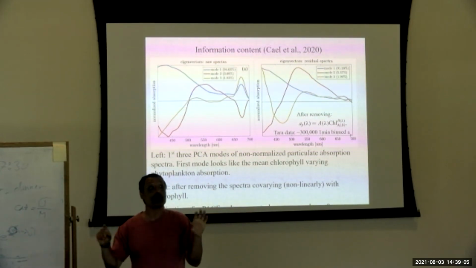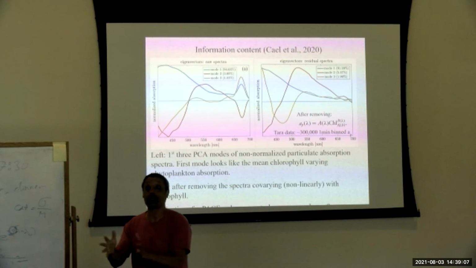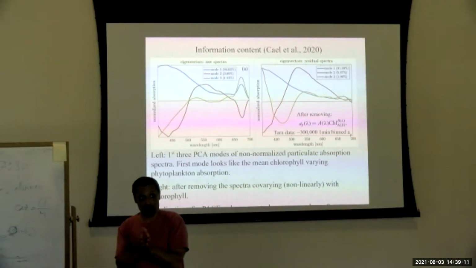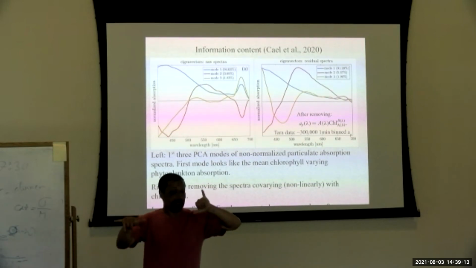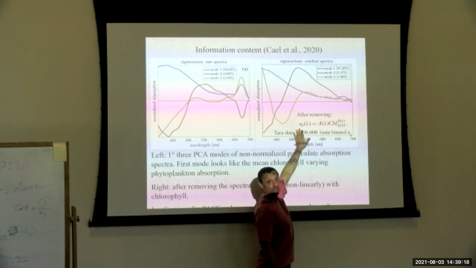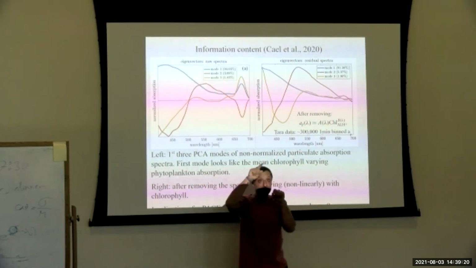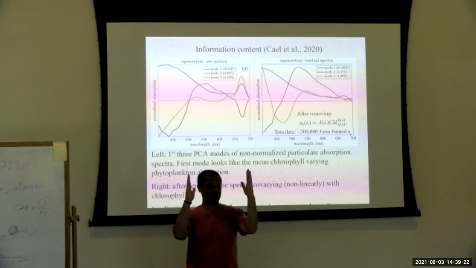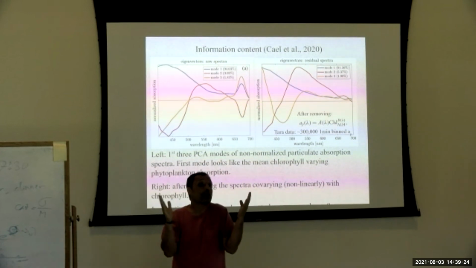So now we look at the residual after I remove what correlates with chlorophyll, nonlinear. I take AP at every wavelength and correlate it with chlorophyll based on the line height at every wavelength. And my model is nonlinear.